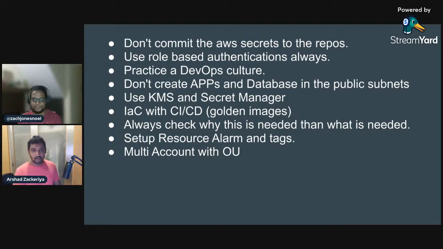So, set up resource alarms and tags. Yes, you must enable alarms, alerts, and tags, meaning whatever resource you're creating, you create tags, because tags are really important. I would say why: if you're using automation, for example, you have a dev environment and you want to shut down at 6 in the evening and start up in the morning, you have RDS and other resources which you can shut down and start.